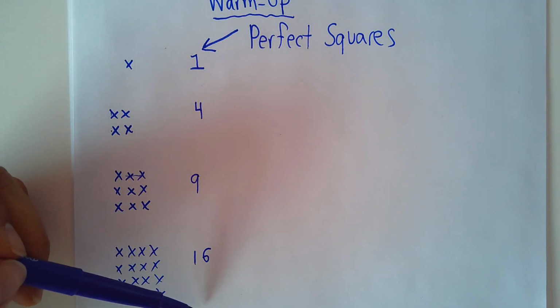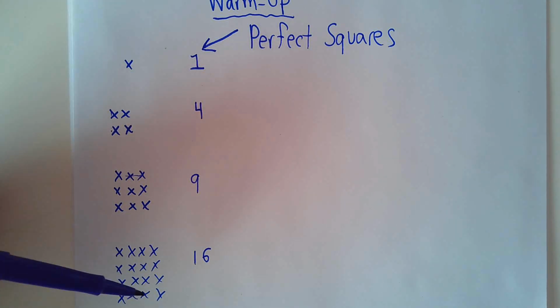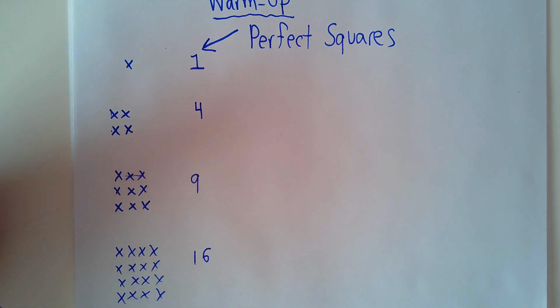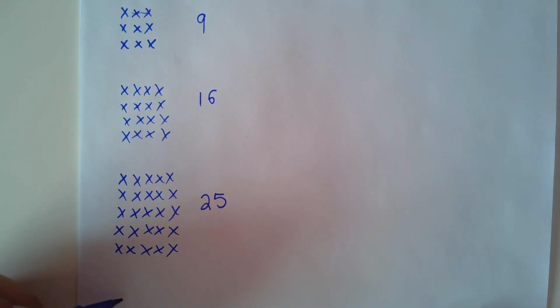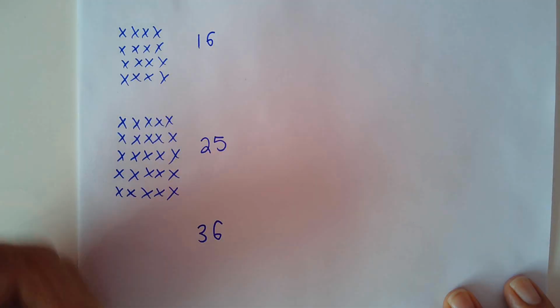If we had 20 pebbles, we could not make a square. We could arrange them 4 by 5 or 10 by 2, which would make a rectangle, but not a perfect square, right? So next, we could do 5 by 5. Next would be 6 by 6, which is 36, and so forth.